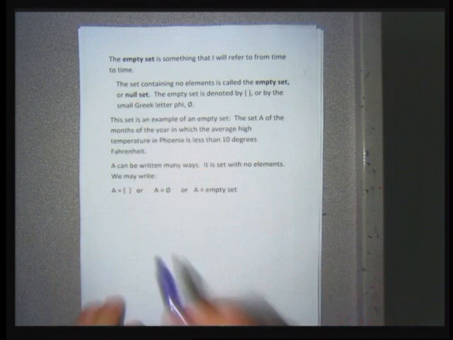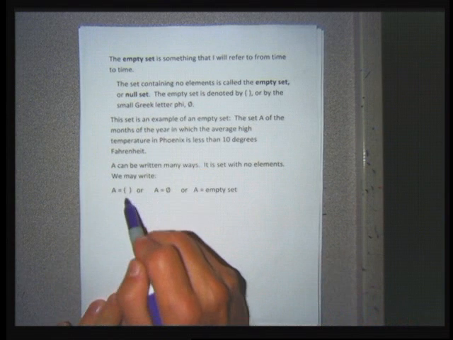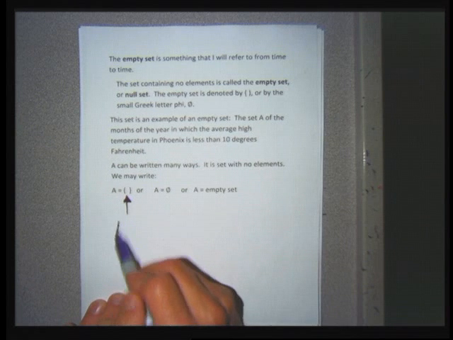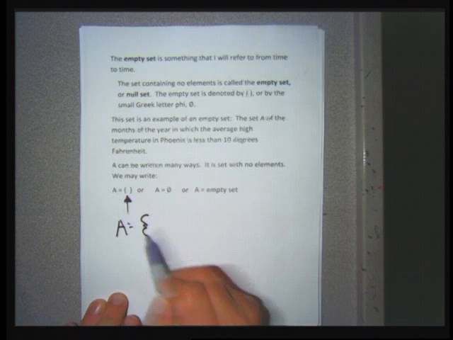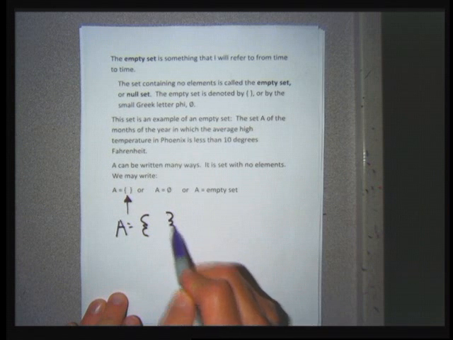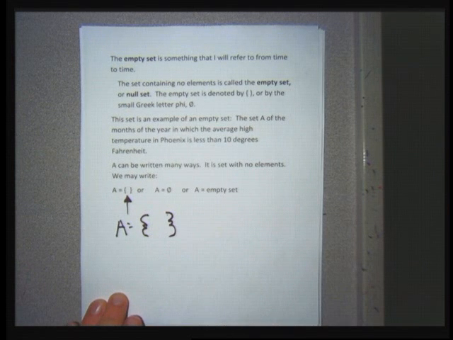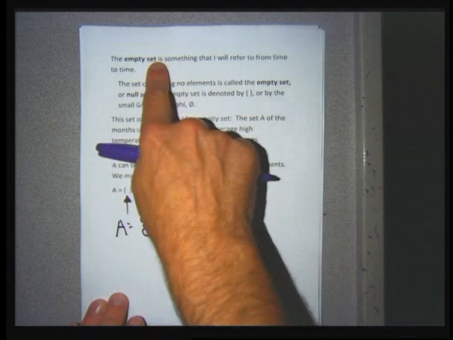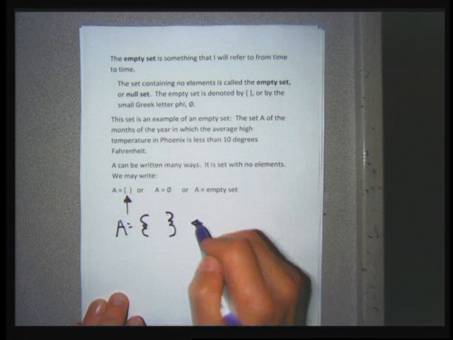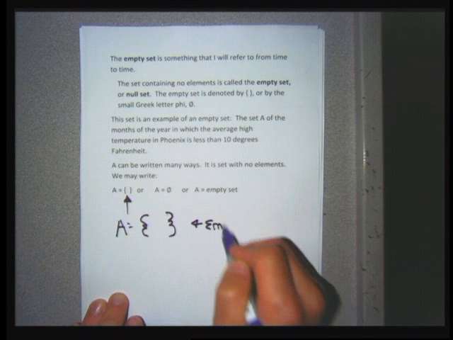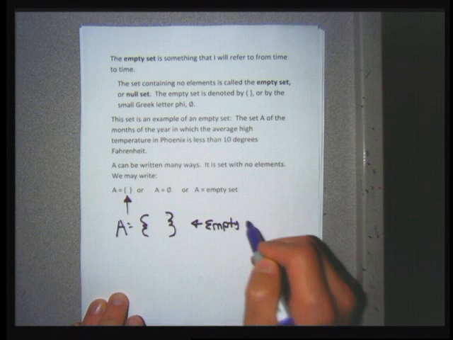So an empty set is a set with no elements, and this is probably the nice way to write the empty set because you're using the nice set braces, and inside those set braces you write all the elements of set A, and there's no elements inside set A if A is an empty set. And so that's a nice way to describe an empty set. So when I see this, I call this an empty set because it has no elements.